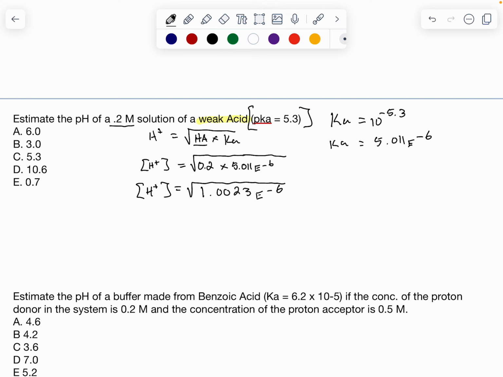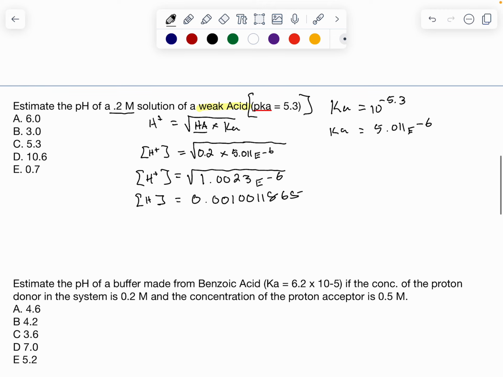Perfect. So now we square root that value, and that will give us a hydrogen concentration equal to 0.00100118 or so. So now we have our hydrogen concentration, so let's find the pH.